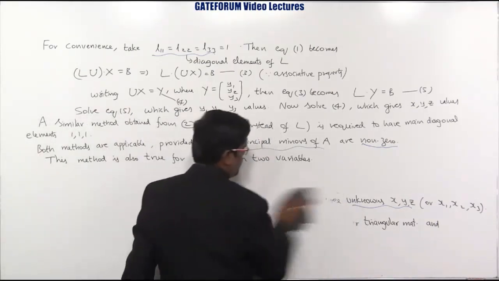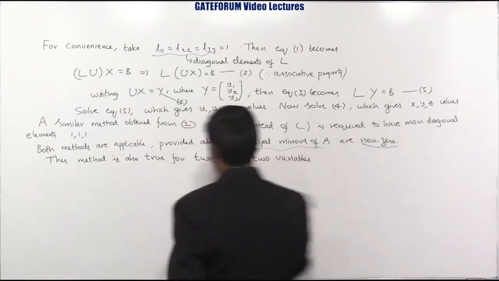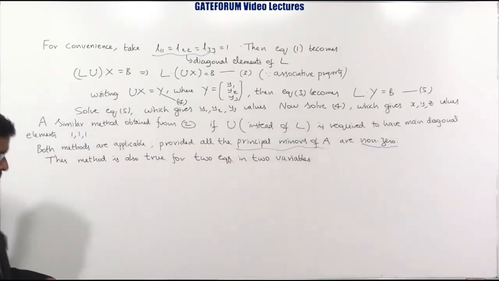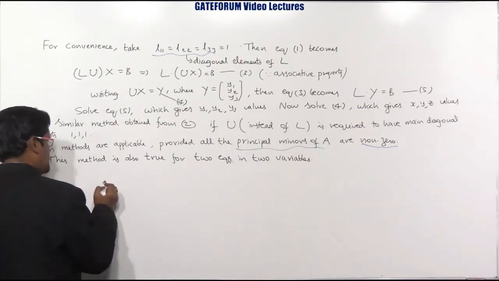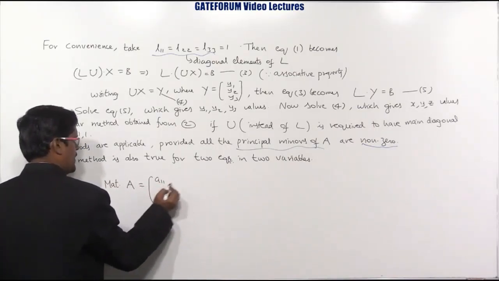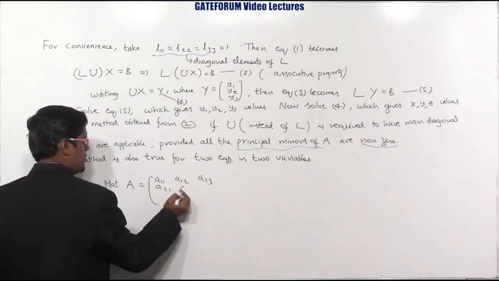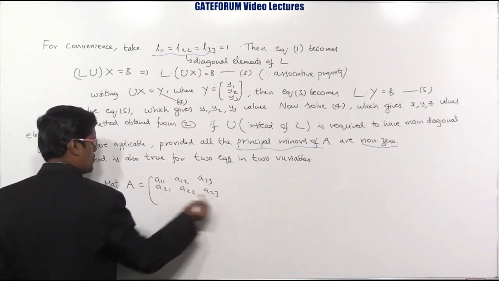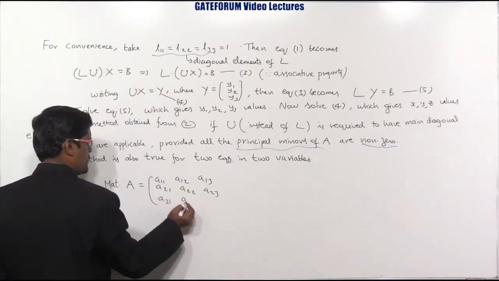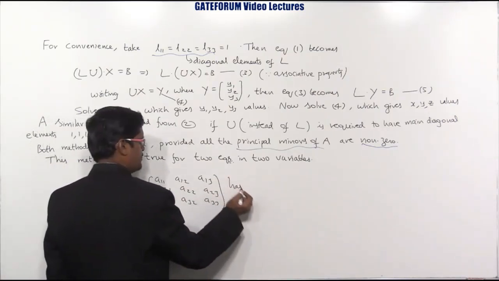The method itself, what I have written in the notes, that is called explanation only, directly, in simple language. See, what is principal minor? Matrix A is equal to A11, A12, A13, A21, A22, A23, A31, A32, A33, 9 elements, 3 by 3 matrix.